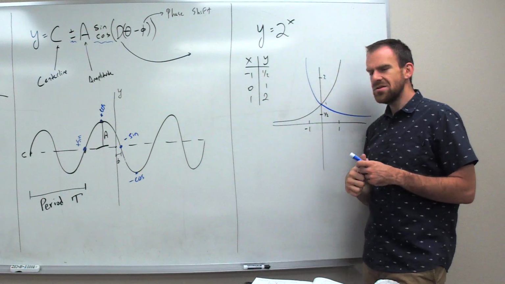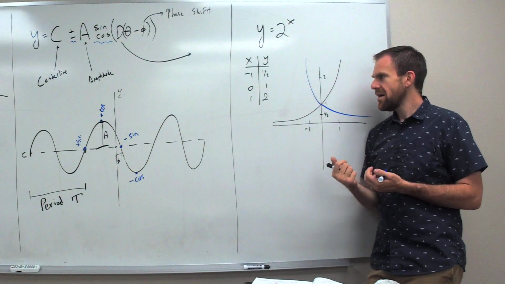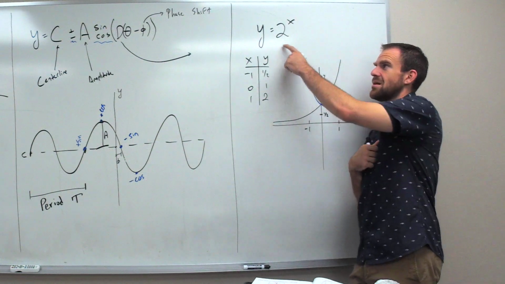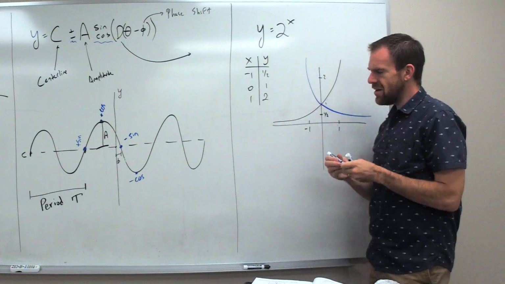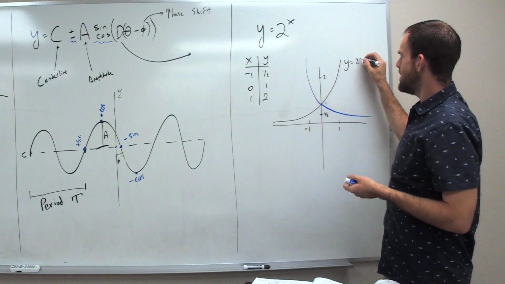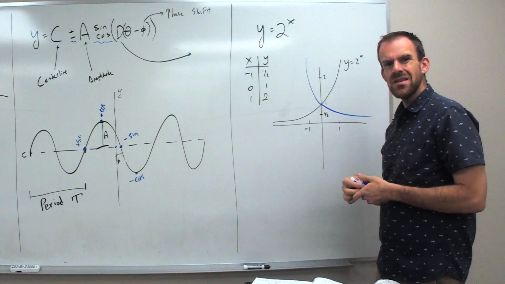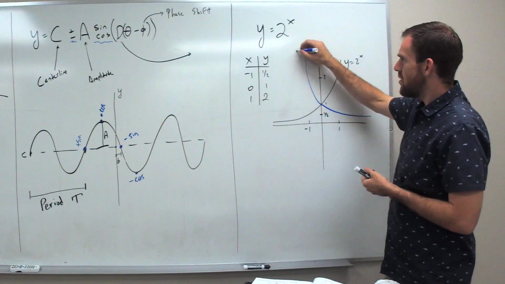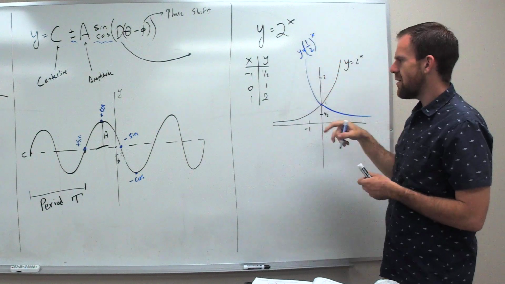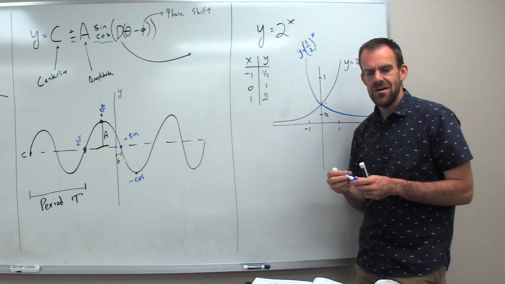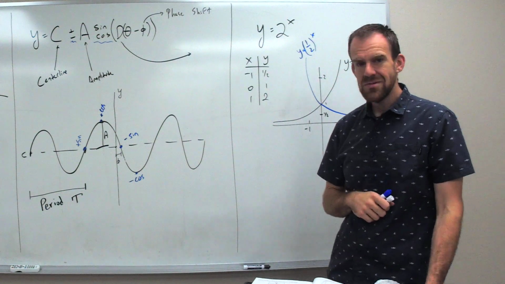What I would encourage you is simply look at this number. If it's greater than 1, it's going up. So that would be y equals 2 to the x. And if it's less than 1, like if it's 1/2, it's going down. So if you were to graph 1/2 to the x, you would get that one. And that, my friends, is problem set 7.